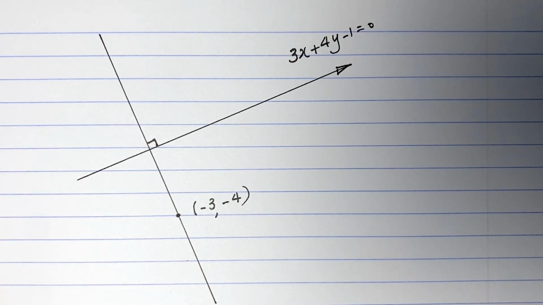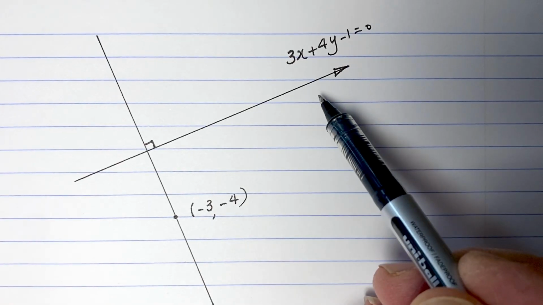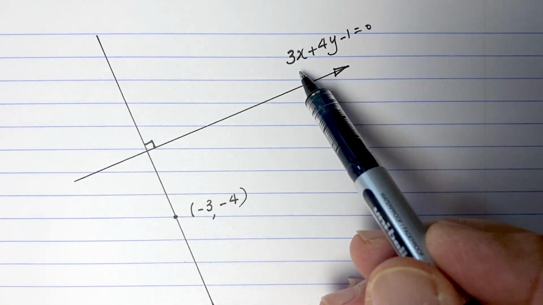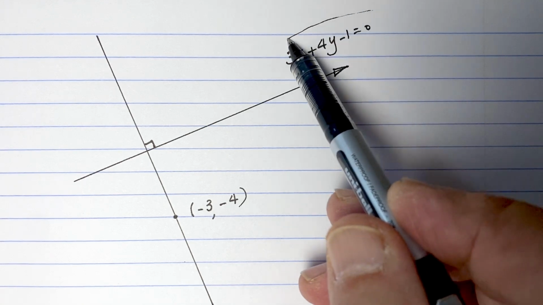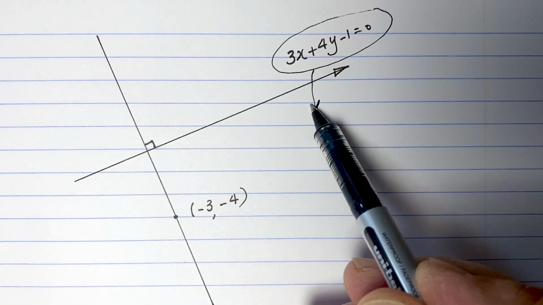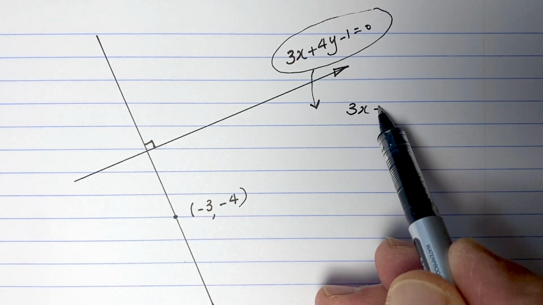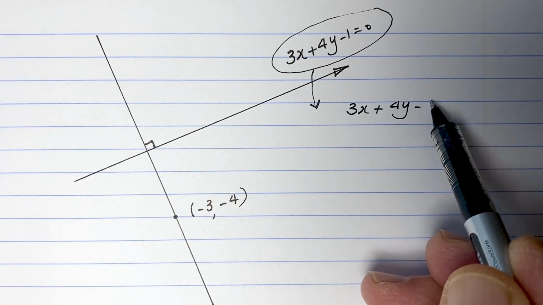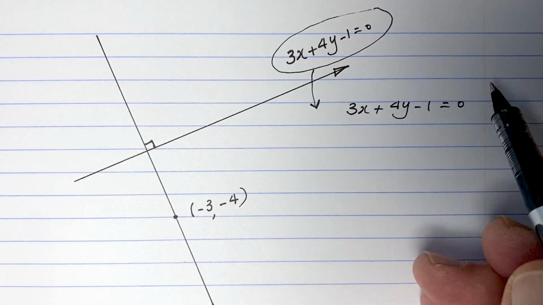Now, the issue at the moment is what is the m of the given line, because I have not written this in the form of y equals mx plus c. So that would be my first action here. Make y the subject. So we have 3x plus 4y minus 1 equals 0. I'm moving 3x and minus 1 to the other side.